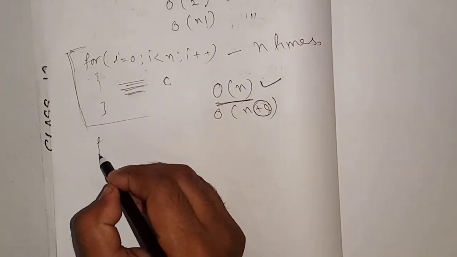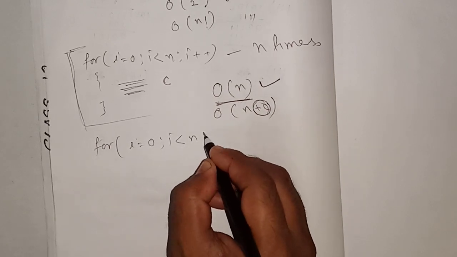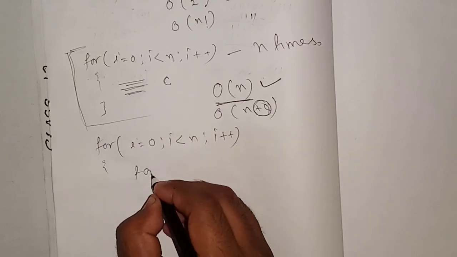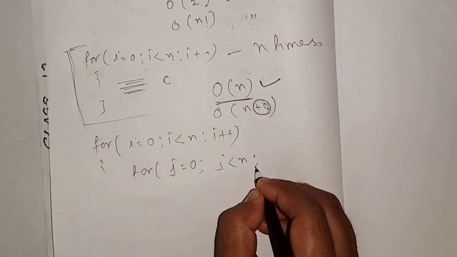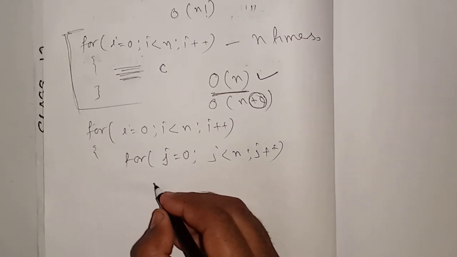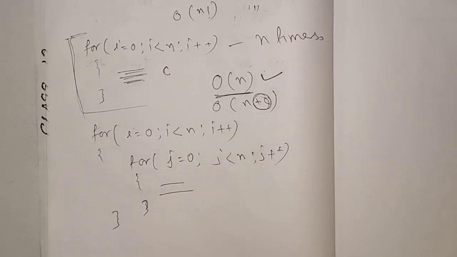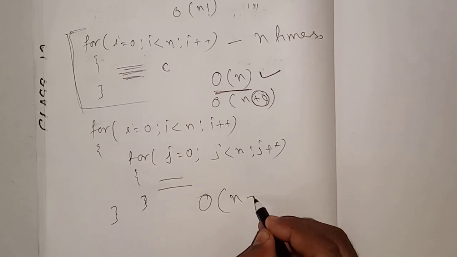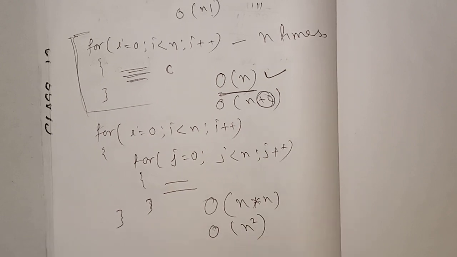If I use for i equal to 0, i less than n, i plus plus, and inside this for loop another for loop is present, for j equal to 0, j less than n, j plus plus, whatever the statement present inside, the time complexity of this program is O(n into n), or we can write O(n square).